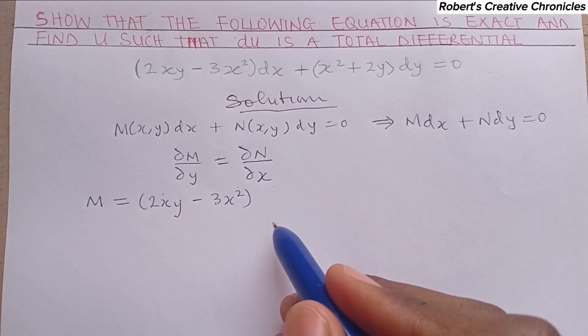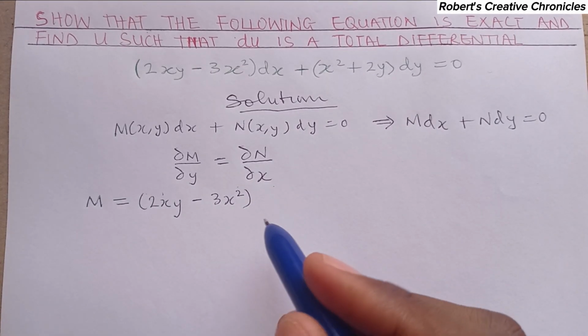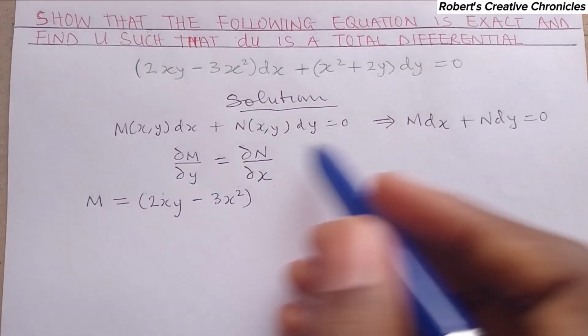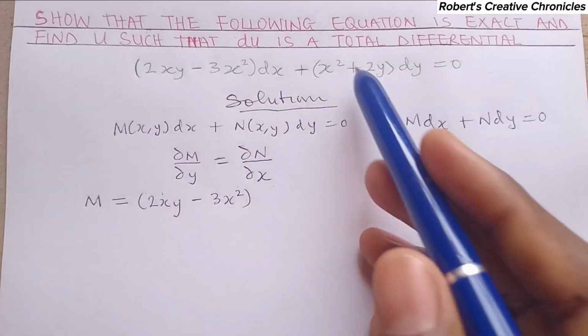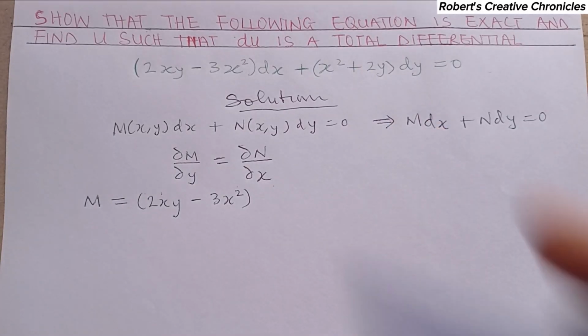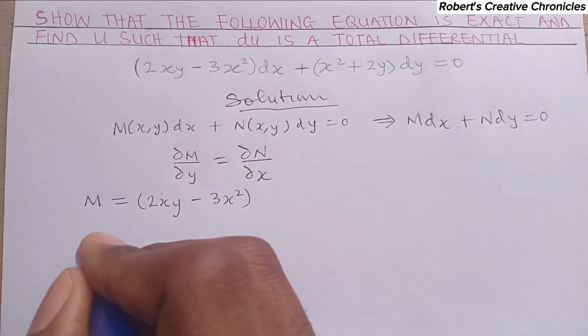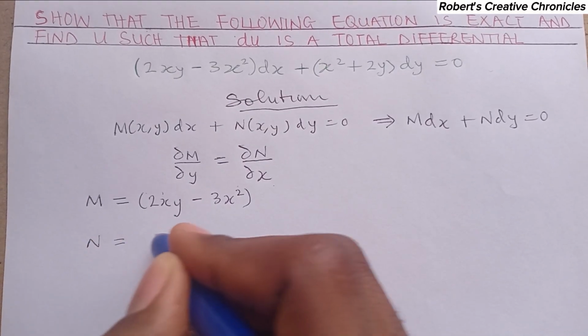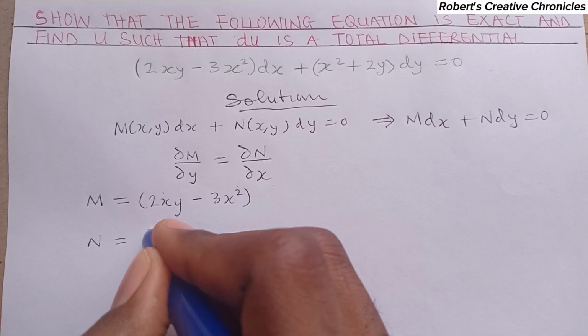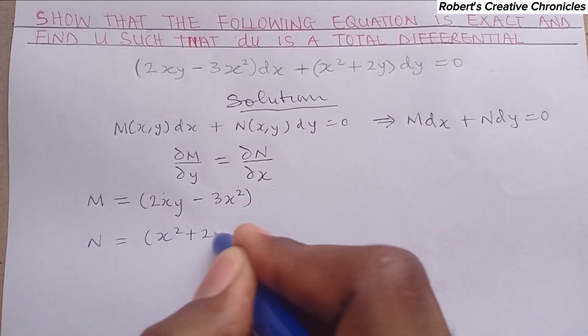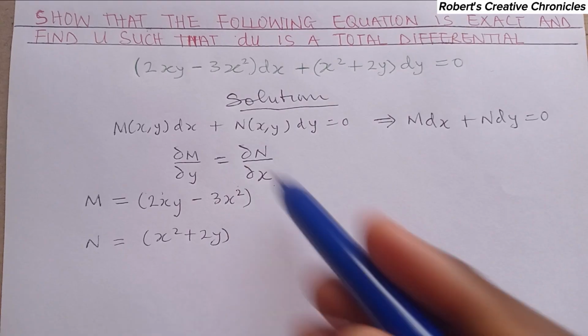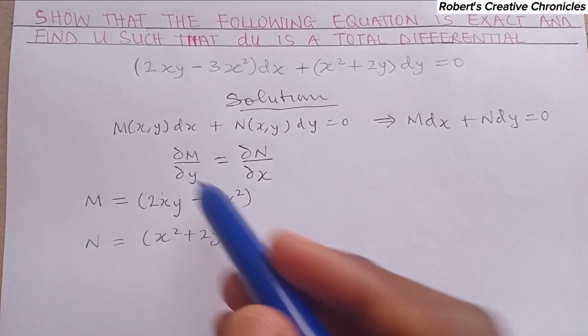This is our M. And then N is the coefficient of dy, so N is x squared plus 2y.